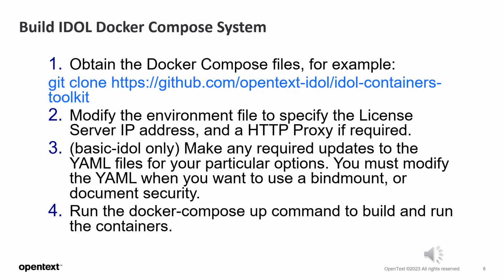These are the steps to build and start your IDOL Docker Compose system. Download Docker Compose files, modify the environment file, update YAML, and then run the docker compose up command.